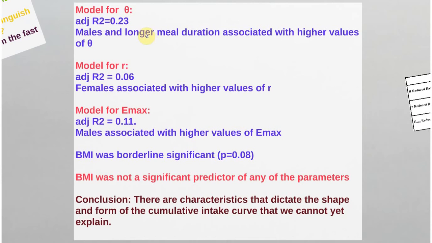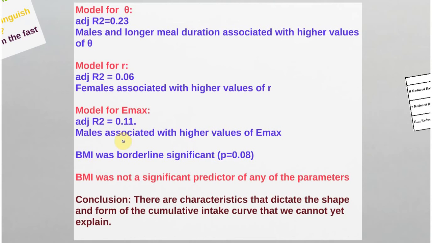For example, males and longer meal duration were associated with higher values of initial eating rate. Second, females were associated with higher values of R. That means it took them longer to double the amount of food consumed than males.